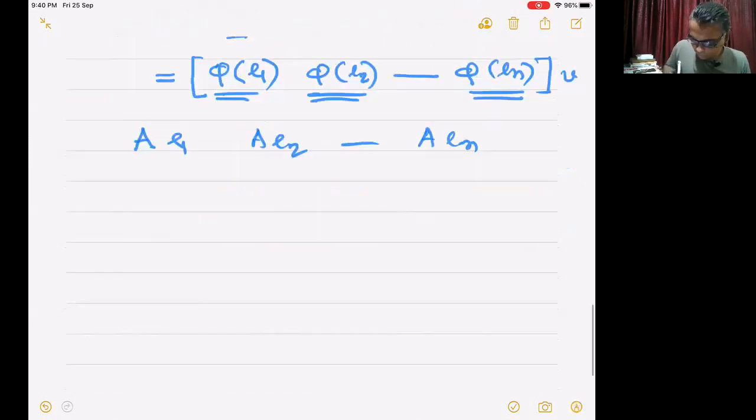So what we have essentially found out is that when I have a linear map from F^n to F^m, then without loss of generality, I may assume that it is given by a matrix A, where, listen carefully, the first column of A is the action of the linear map on E1. The second column of A is the action of the linear map on the second basis vector E2, and so on. The nth column is the action of the linear map on the nth standard basis vector En, right?